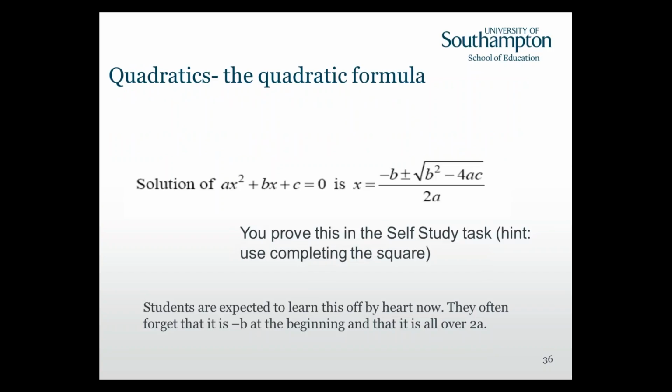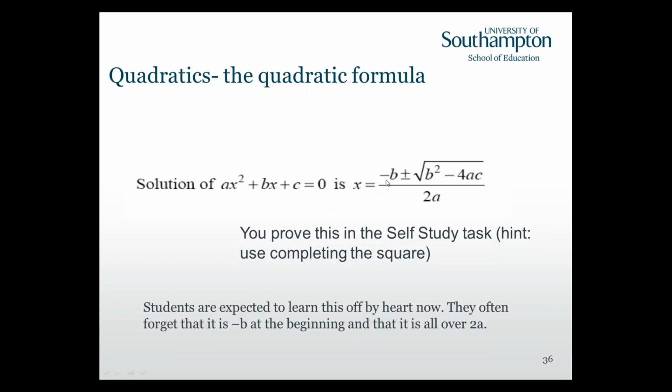Now, the only remaining way to solve the quadratic that we haven't talked about is the quadratic formula. This used to be given just like this at the front of the formula booklet. It's not anymore, so for GCSE they have to learn it, which I think is better, because the problem was they were not bothering to learn it, getting into the exam, looking at the formula page and not having a clue what they were supposed to do with it.